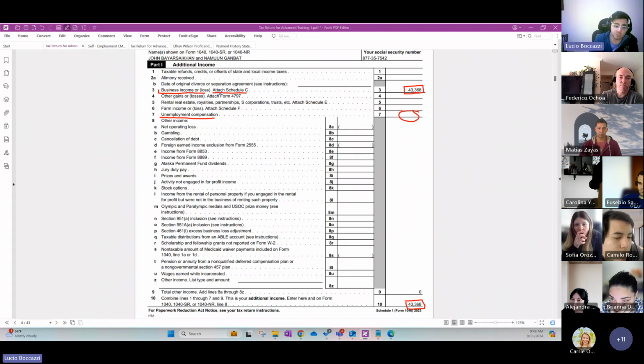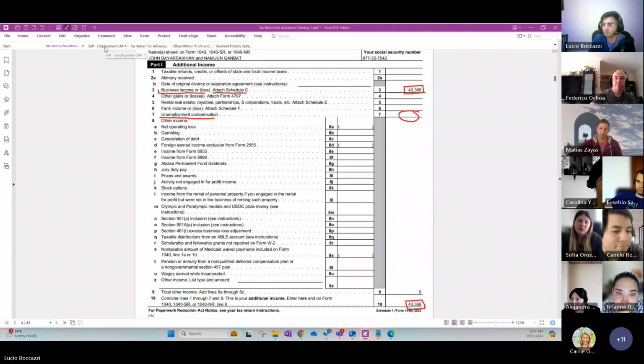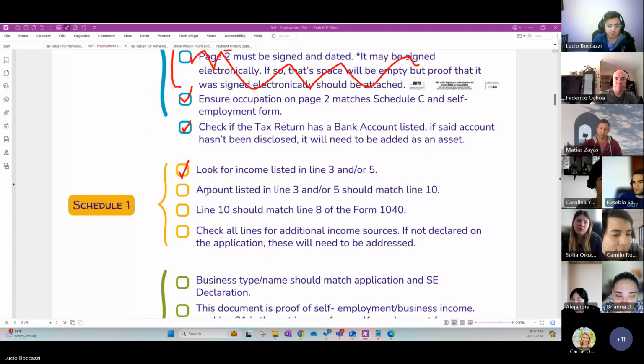Or it could be any of the other sources of income. Am I making sense so far? Yes. Okay, awesome.